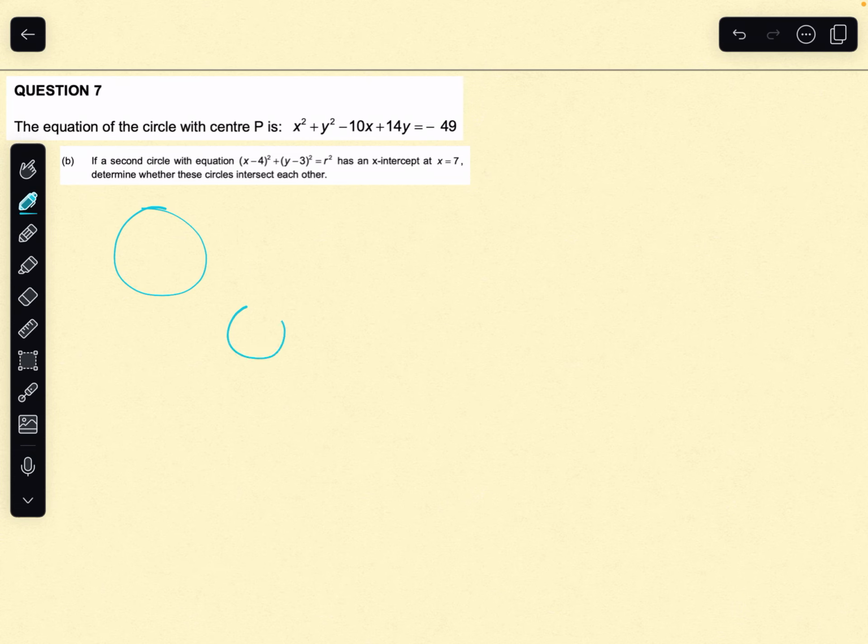There's the scenario where the distance between the circles is greater than the sum of the radii, so these circles do not touch. The second scenario is if we have an overlap like this. Here the distance between the centers of the circles is smaller than the sum of their radii, so the sum of the radii is bigger than the distance between them.